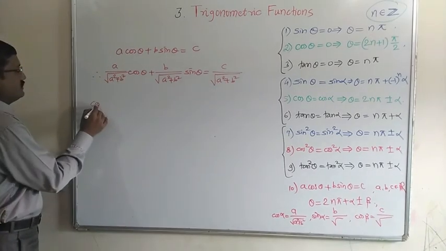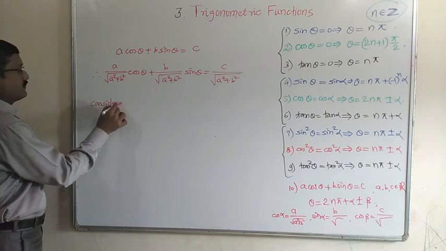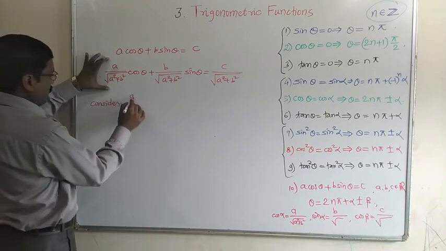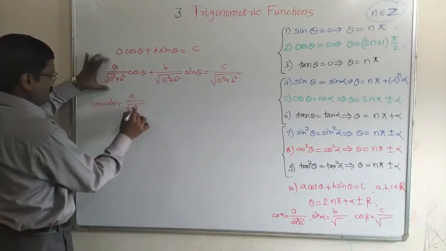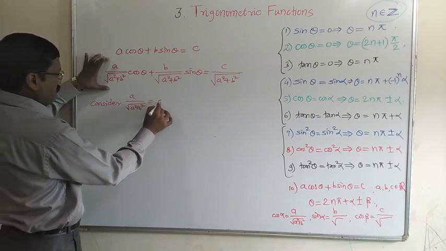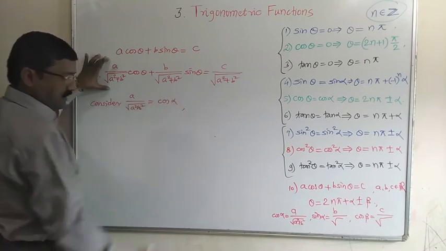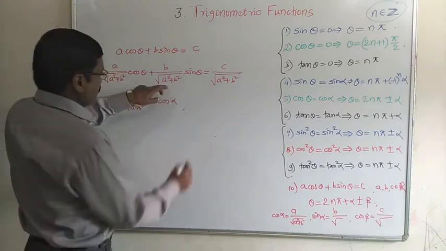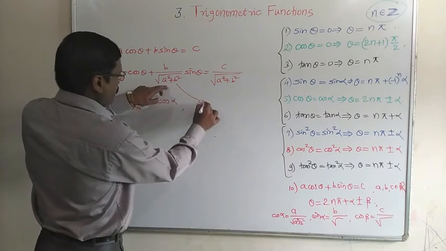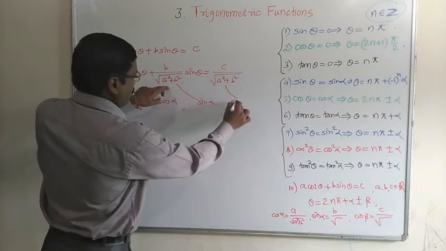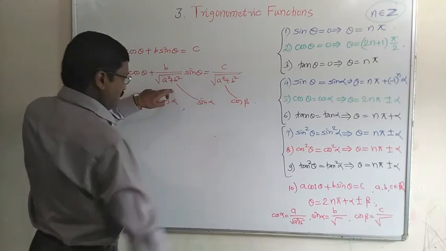So here we will consider this a upon root a square plus b square equal to cos alpha, this as sin alpha, and this as cos beta.